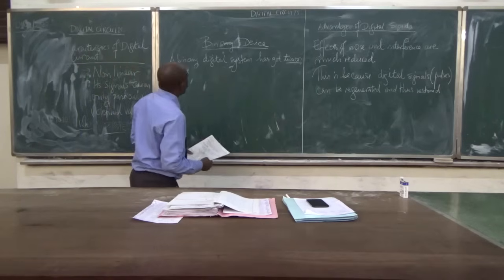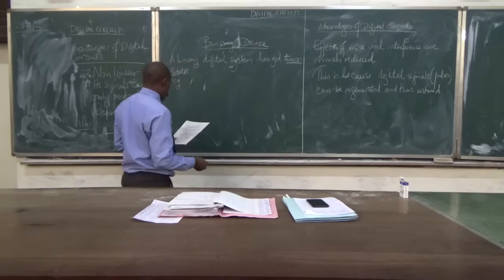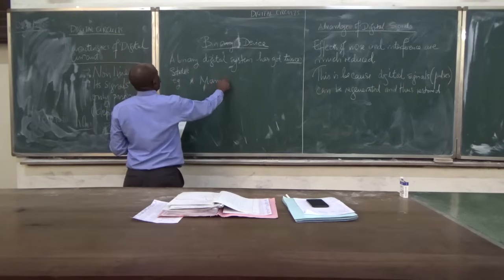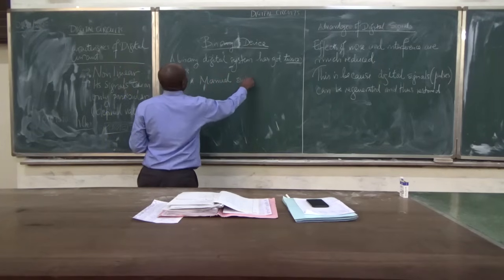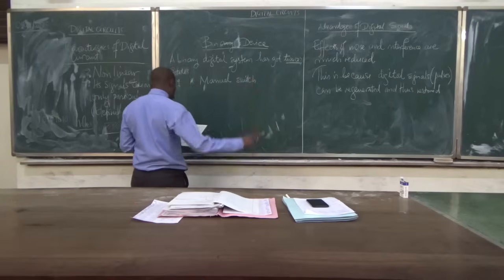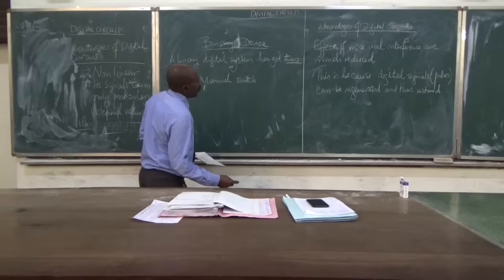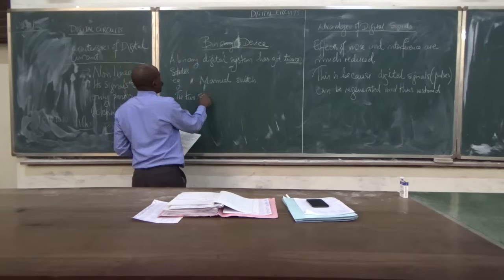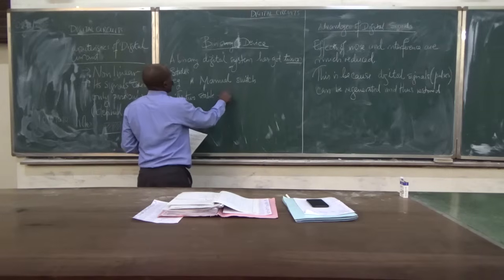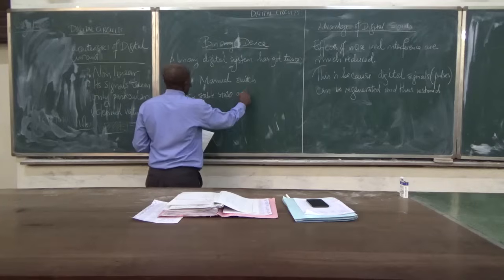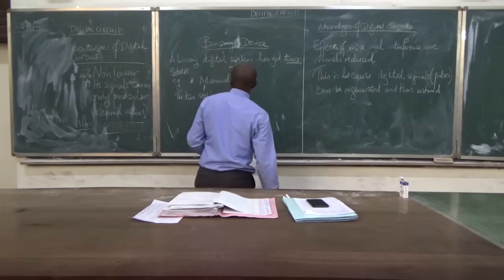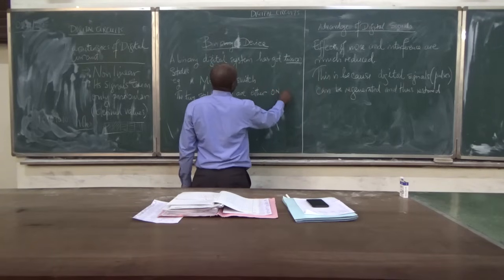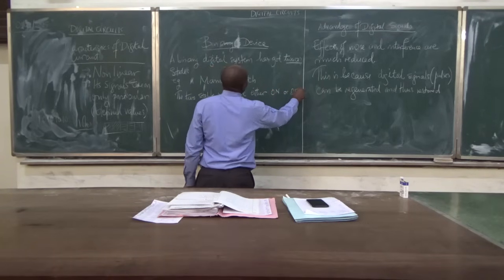An example of a binary digital device is a manual switch. This one here. And the two stable states are either on or off.